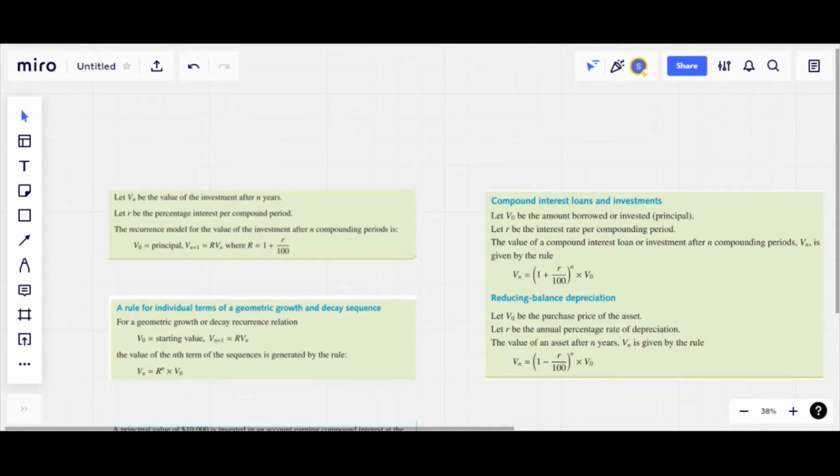So if the amount being borrowed or invested is increasing, so it's compounding, we need to have a plus in there. So it's 1 plus R over 100, like it was in our previous video. But if it's a reducing balance, we have to put a negative value down because we're losing that amount off our item that's depreciating.